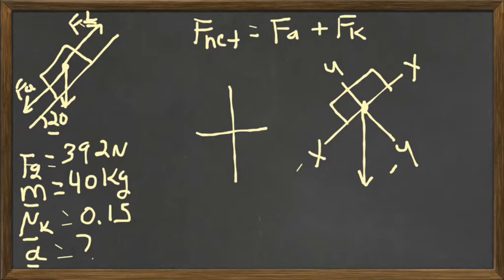Well, if I look closely, I see that that angle actually, as with all vectors, has an x and a y component. My y component would look like this. My x would look like that.